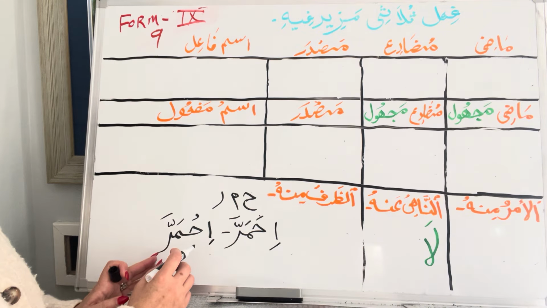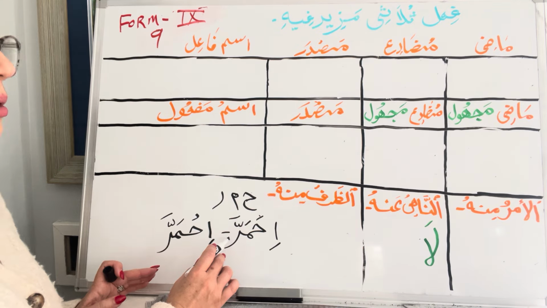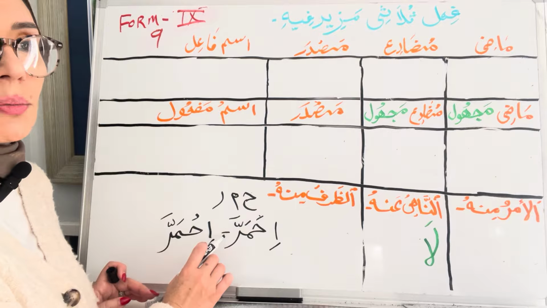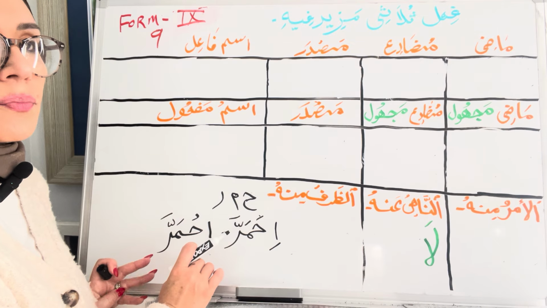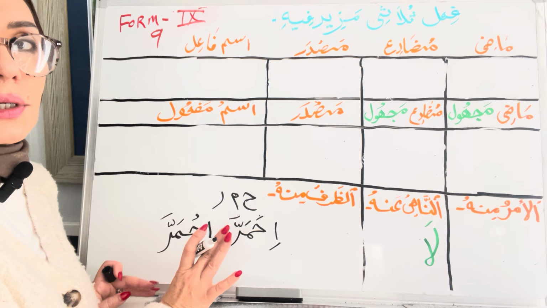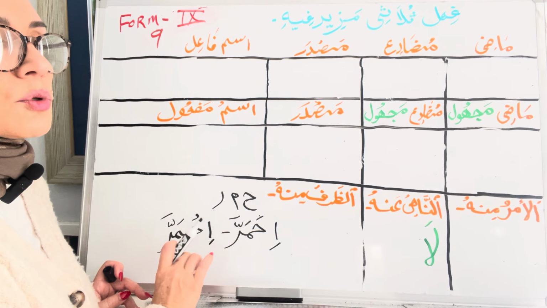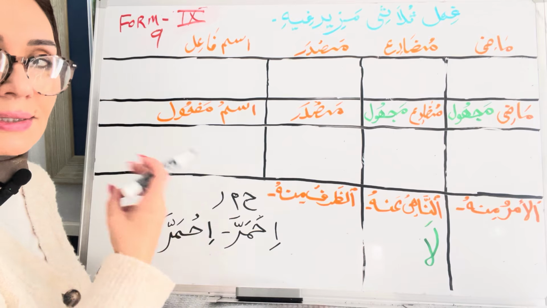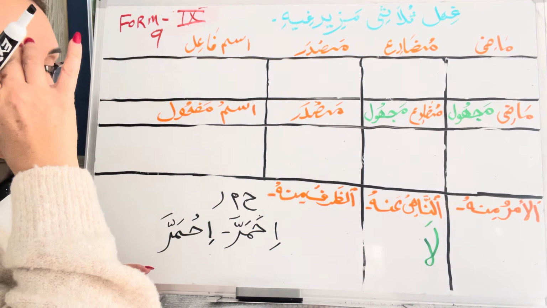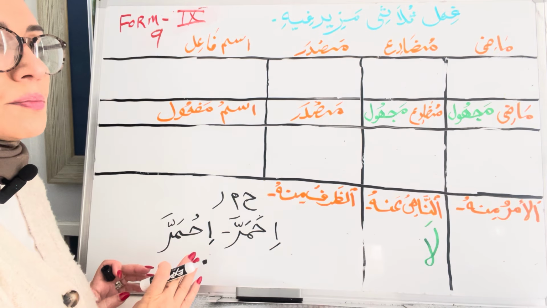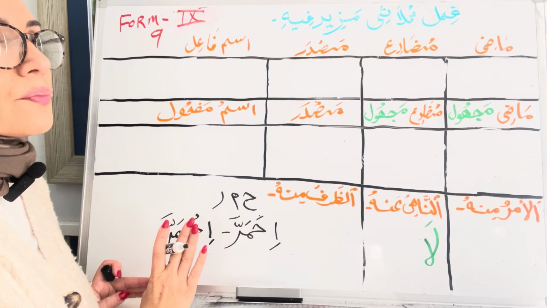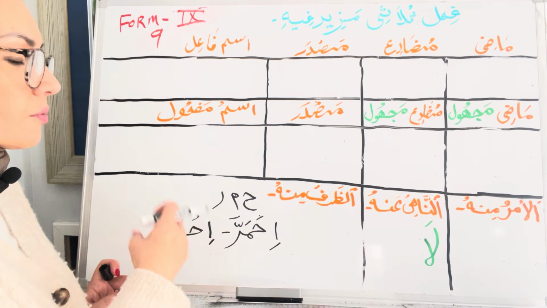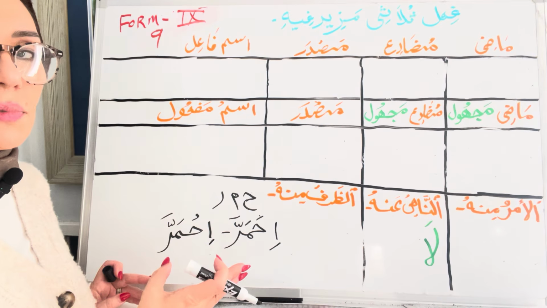So basically, this is like, no, sorry, not Form 2. This is the muda'af verbs that we talked about where the last letter is the same, it's repeated, like adada, qalla, or verbs like that where the last letter is the same but doubled.